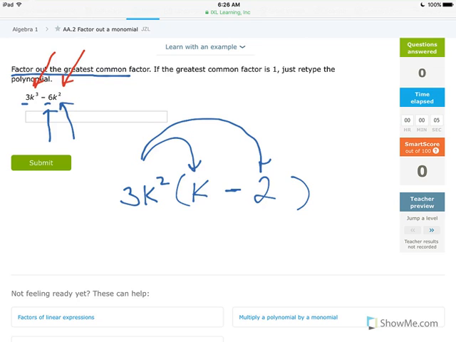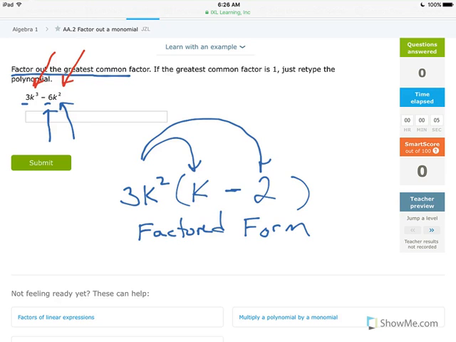So if you distribute everything back together, you should have your original form. So this is what they call the factored form. And if you multiply it together, you should have the original statement. So 3k squared parentheses k minus 2.